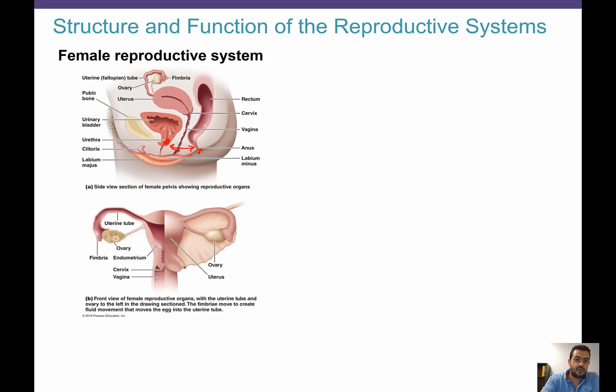Okay, so leaving the urinary tract infection, let's focus on the reproductive system. We'll find that the female vagina is acidic. This is related to the presence of lactobacillus bacteria there. This is the normal microbial flora in the female genital system, in the female vagina specifically.